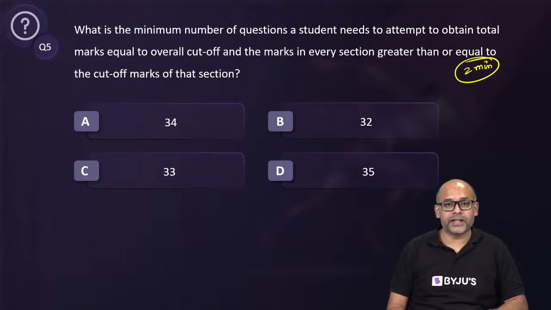So education world, take it as a learning now. Any set which is taking more than 6 minutes, where you have no idea, leave it. Go to the next one.